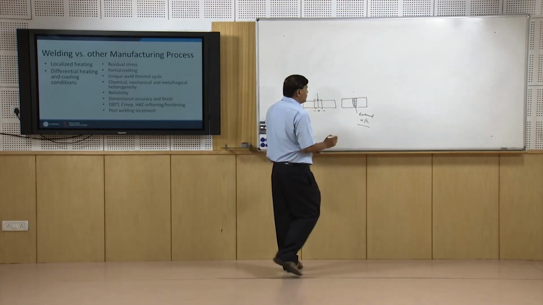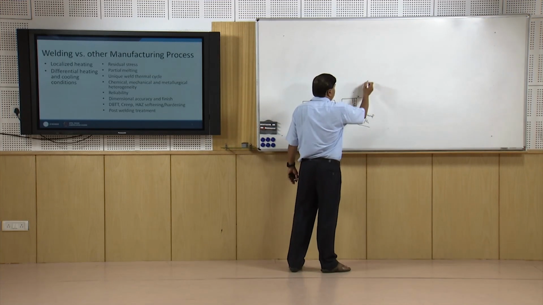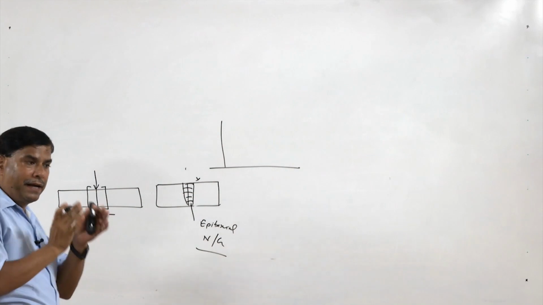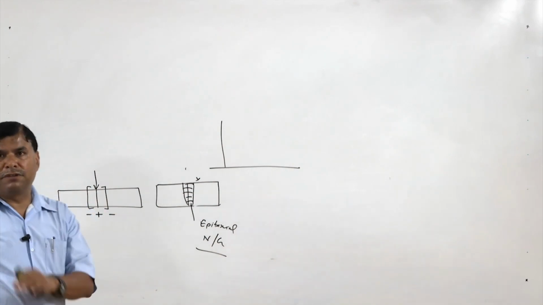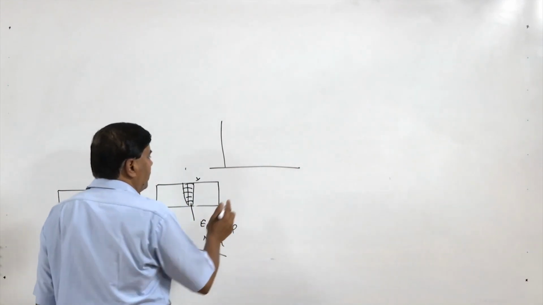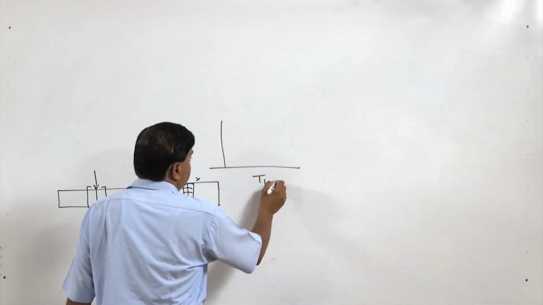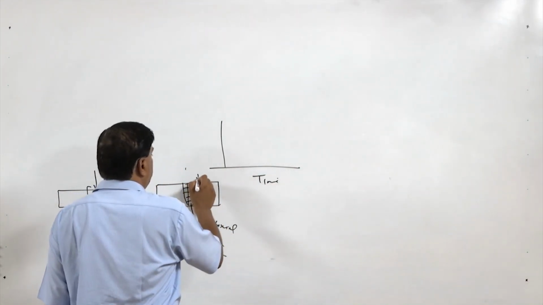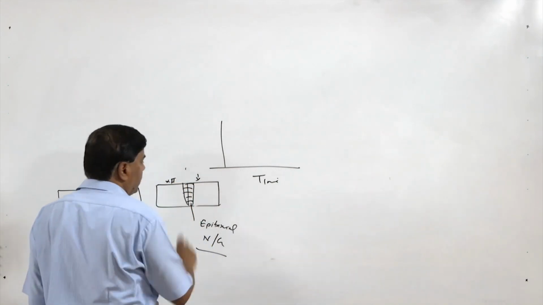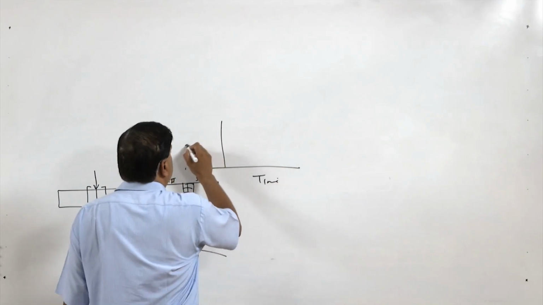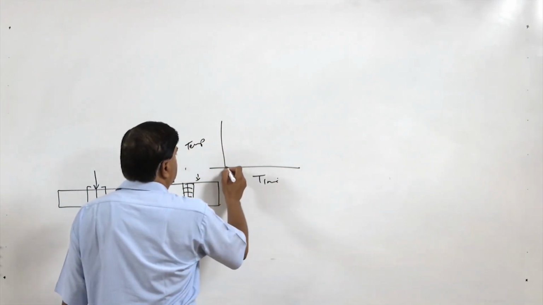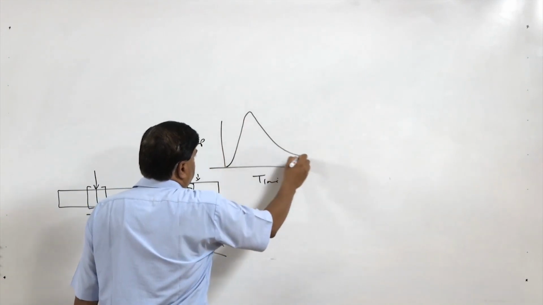Weld thermal cycle shows how the temperature at any point, either in the weld pool or next to the fusion boundary, varies as a function of time. If you take any point, say point 1 or point 2, which is far away from the fusion boundary, the temperature variation as a function of time will go in this manner.